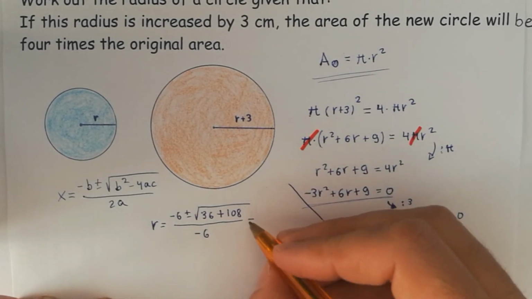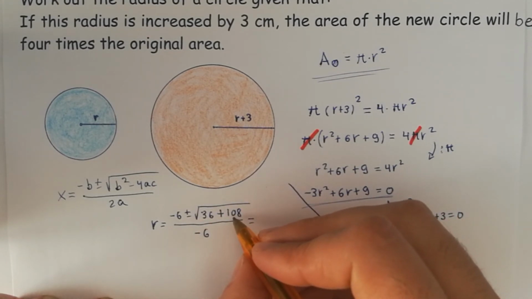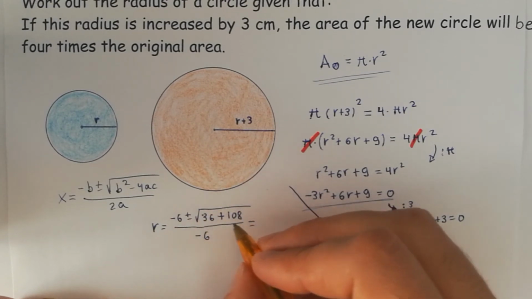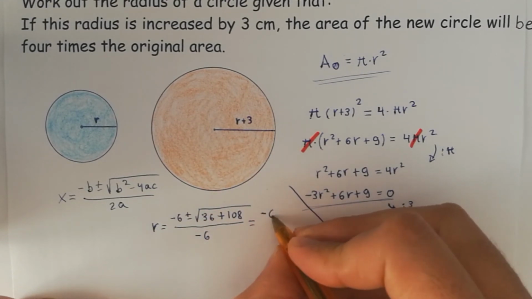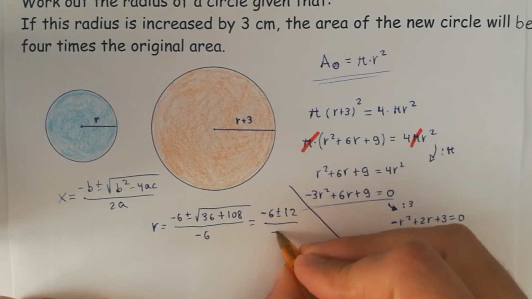In the next step, we add these numbers, we get 144, and if we do the square root, we get 12. So it would be minus 6 plus minus 12 over minus 6.